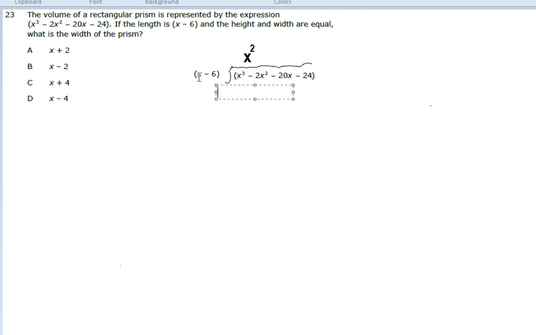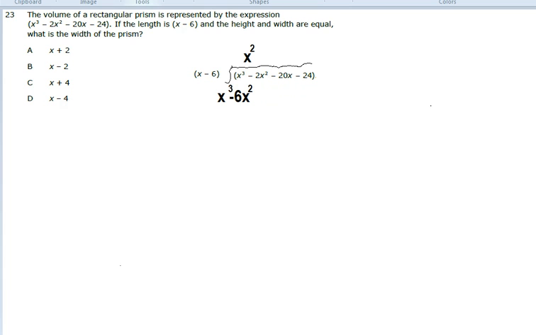X squared times x is x cubed, minus x squared times 6 is 6x squared. Okay? X cubed minus 6x squared.